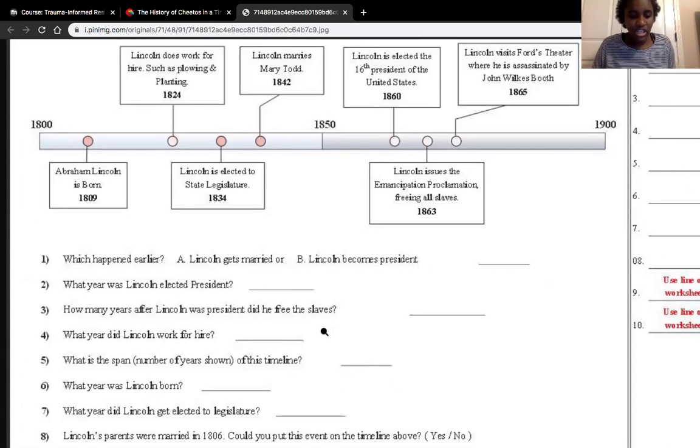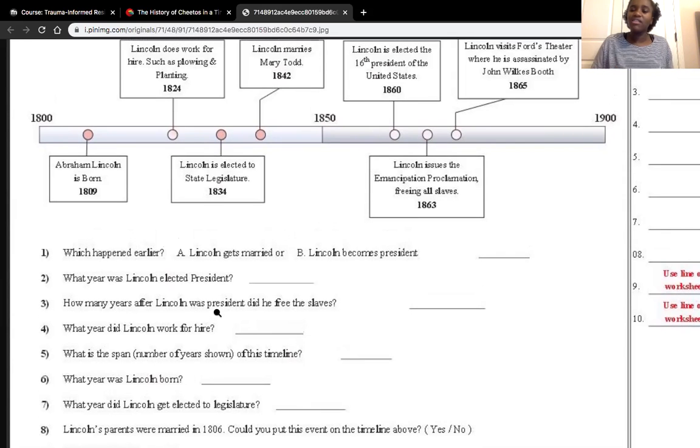Okay, so the answer would be 1834. So you can see it right here. Lincoln is elected to state legislature. That's the question.